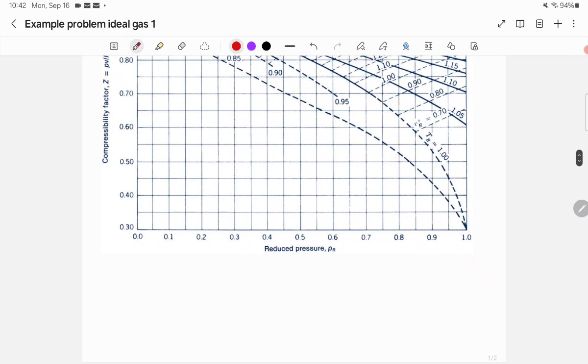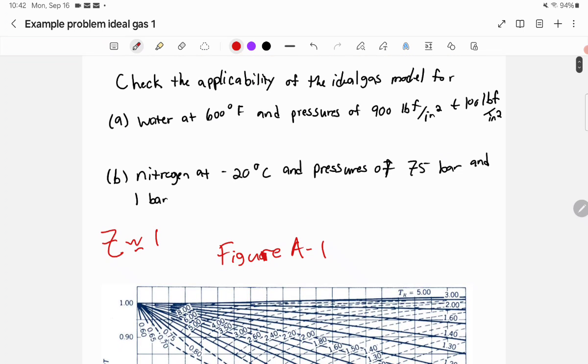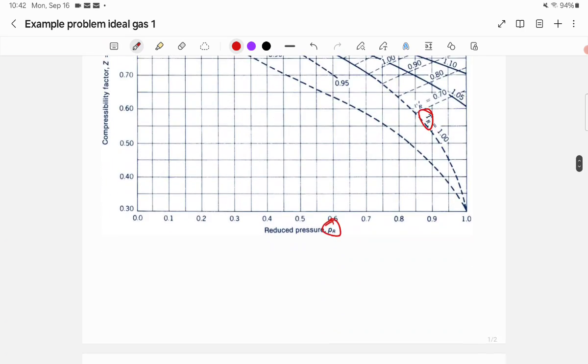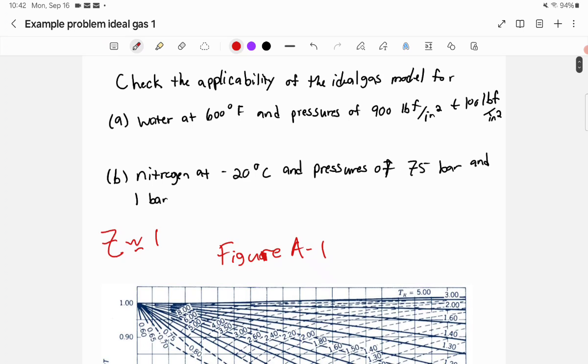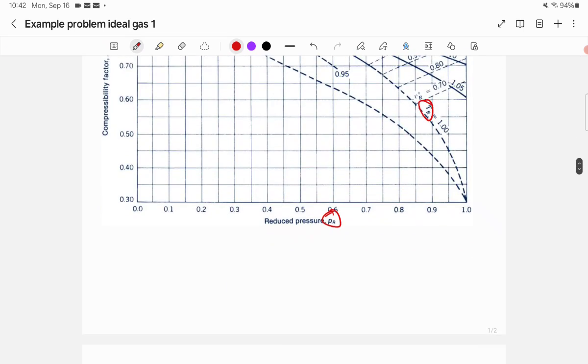And so what I'm going to need then is to find the reduced pressures and temperatures in each of these cases to figure out if this is applicable, if it's approximately equal to 1 or not. To find the reduced pressures and temperatures, we just need to divide the pressure by the critical pressure and the temperature by the critical temperature.